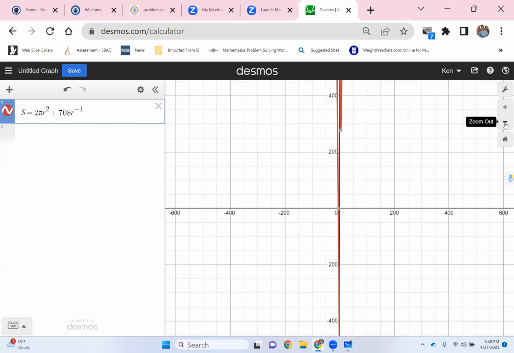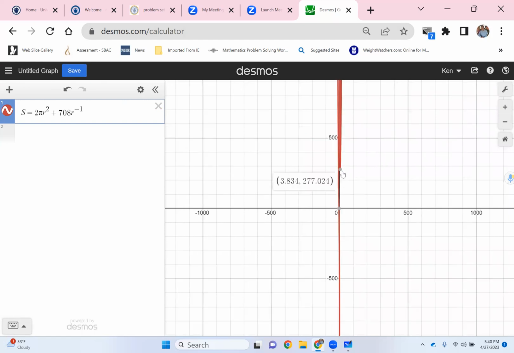So we'll go from 0 to 4 on the x-axis, and we'll go -1 to 4. And then -1 to 300.